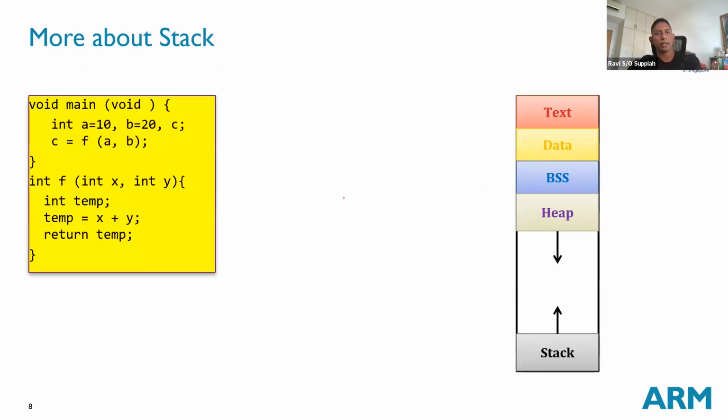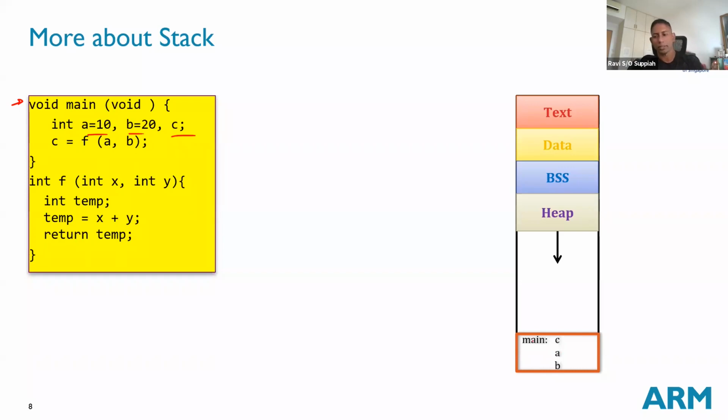Again, this is another example on the stack. As you can see, when I first run my main program, I create 3 local variables, A, B, and C. Since these are local variables, they will occupy the stack space that is allocated to the main task.